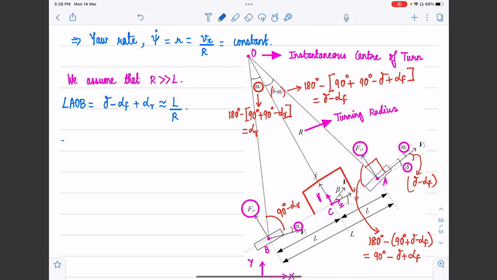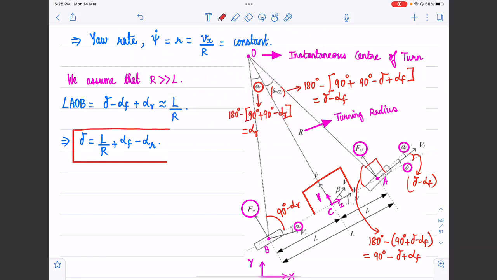So this leads to this very famous equation, which you will find in many textbooks, that delta is equal to L by R plus alpha F minus alpha R. This is a very prominent equation that you will find under lateral dynamics or cornering dynamics in many textbooks on vehicle dynamics.